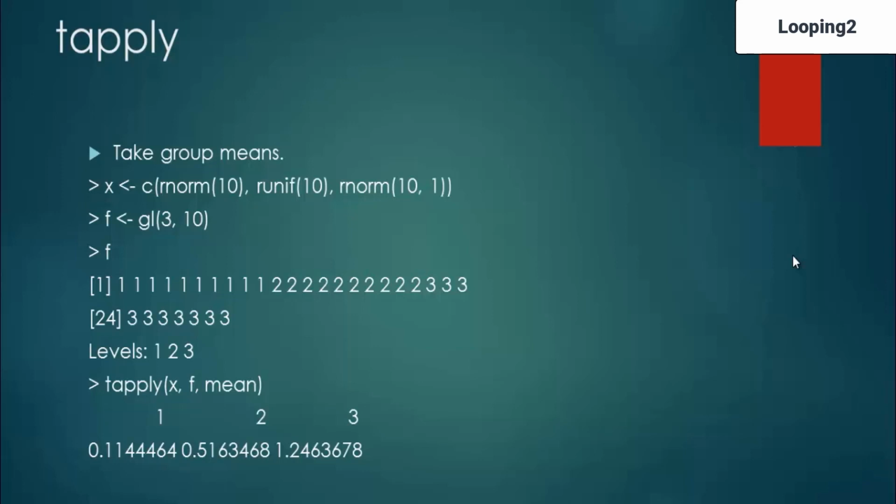Let's say you have an element called x, with a random normal distribution of 10, rnorm of 10 with mean 1 and 10 values, and I create a factor f using gl of 3 comma 10.